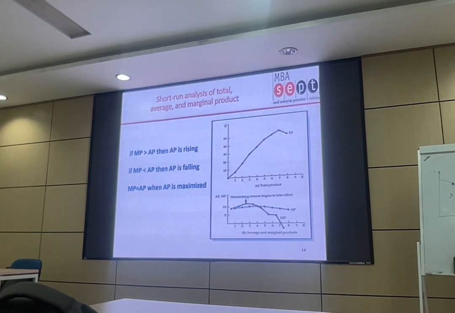But then after they reach a highest point, they tend to decrease. Decrease means when we use more and more of the input, the marginal and the average products tend to decrease.